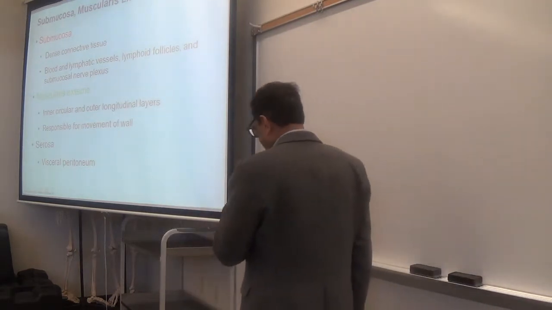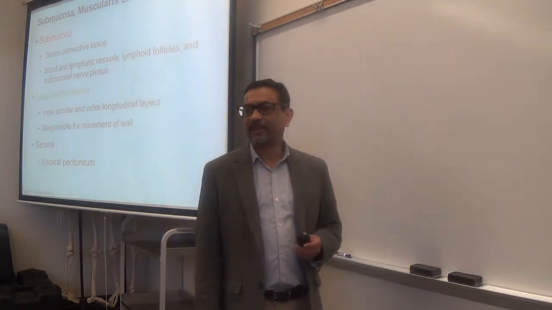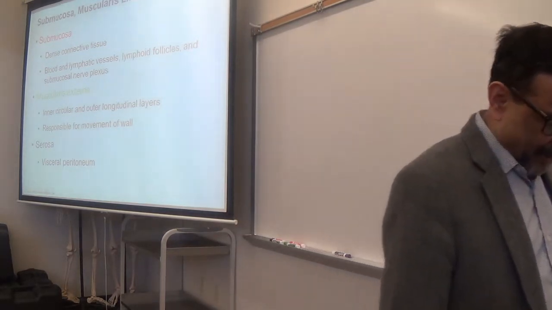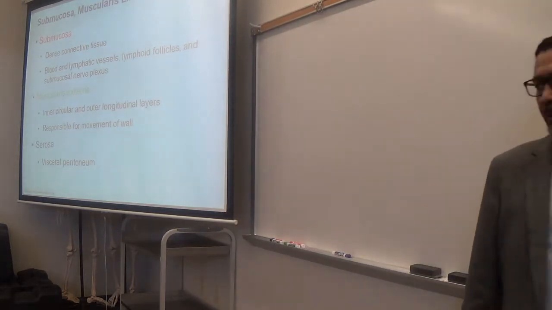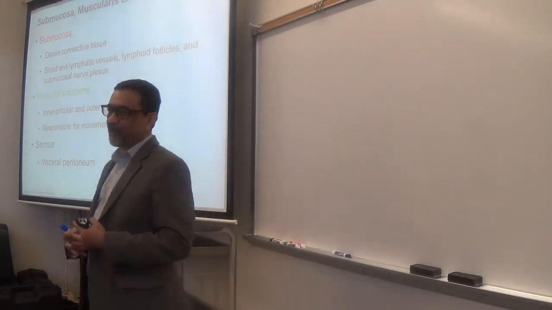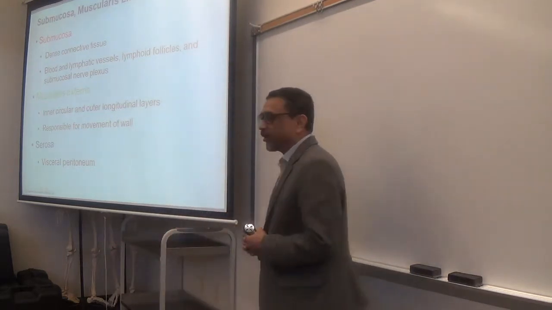Then the next layer is the muscularis externa. This is a thick muscular layer. And in this layer you have 2 types of arrangement of smooth muscle fibers: inner circular and outer longitudinal.